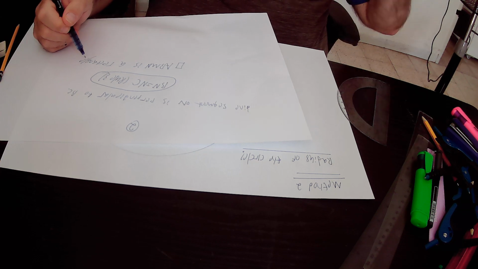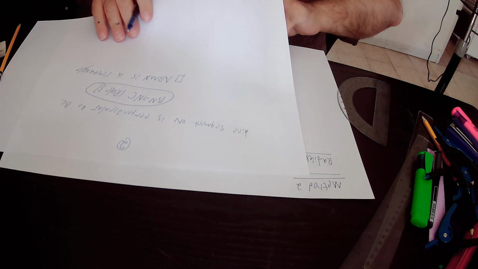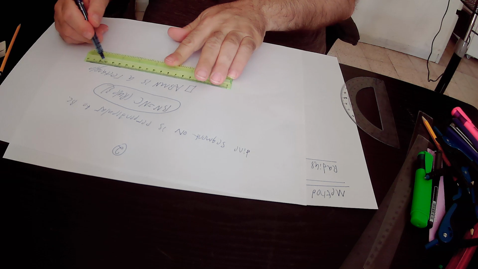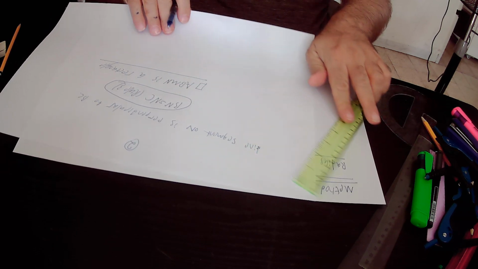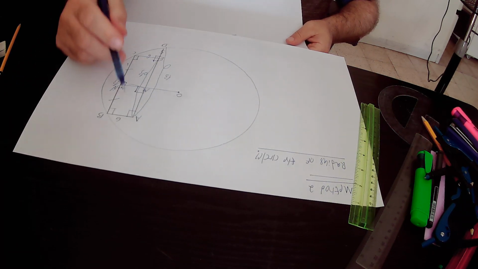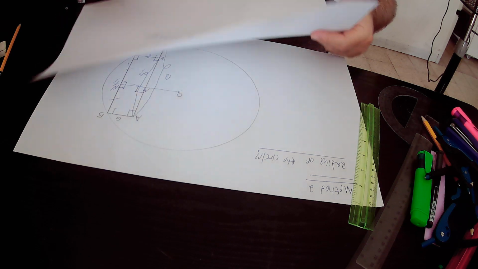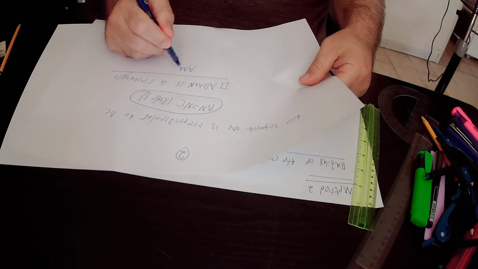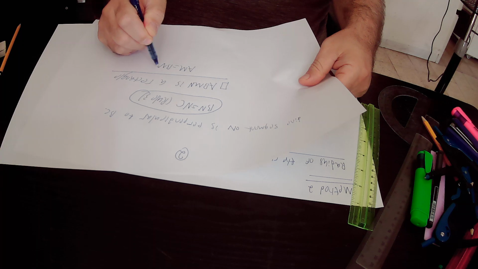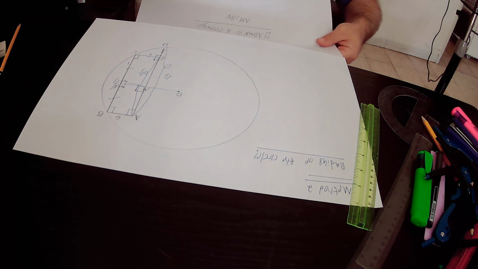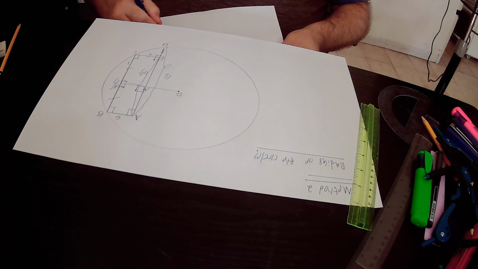We also know that the opposite sides of a rectangle are equal to each other. That is to say, AM equals BN in rectangle ABMN.